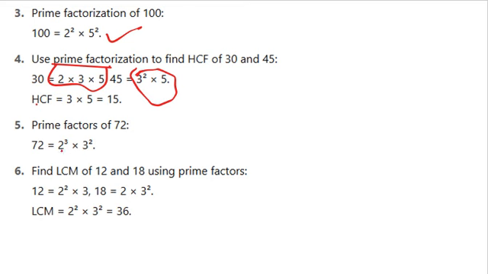Now, prime factors of 72. Again, if you want to get prime factors, you press your calculator, and these are the prime factors: 2 and 3. Prime factors of 72, go press the calculator and you're going to get the correct answer. We don't talk about the lowest common multiple yet. But what is the main point of this lesson, Lungile?